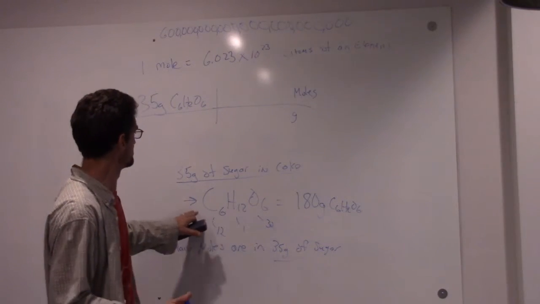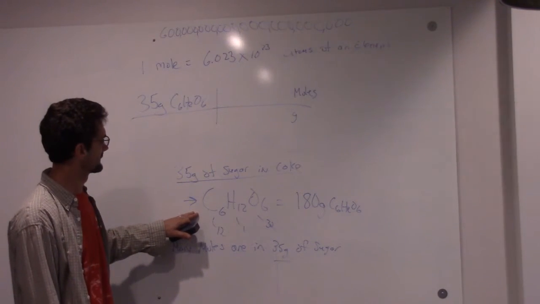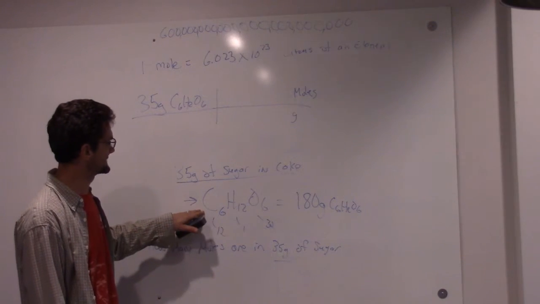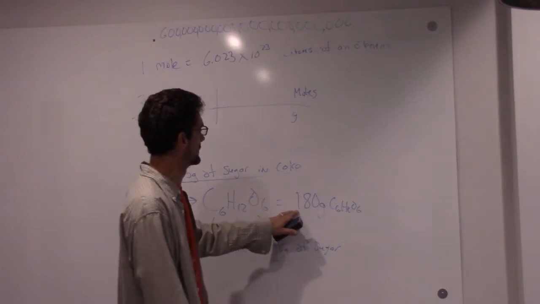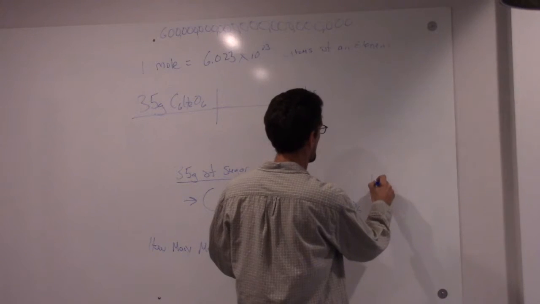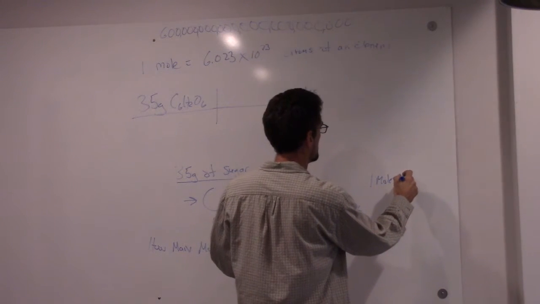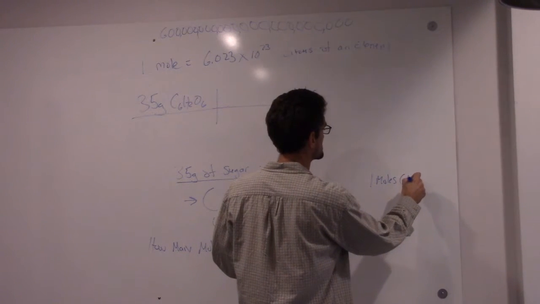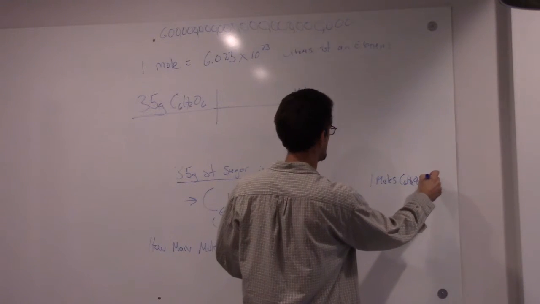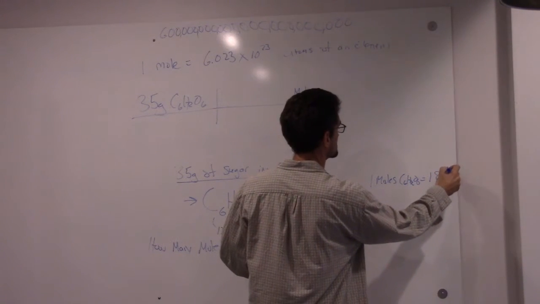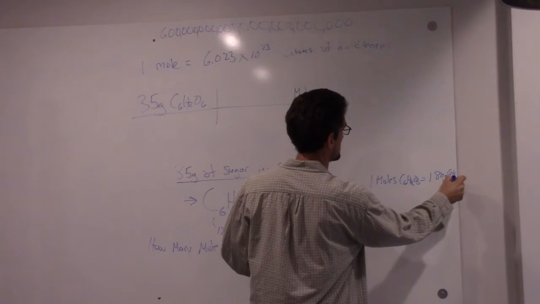So 1 mole of C6H12O6 is equal to 180 grams of C6H12O6.